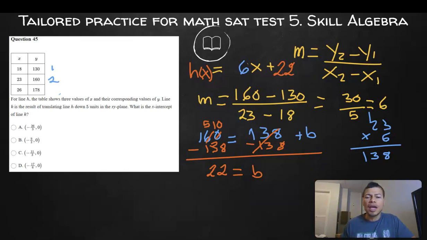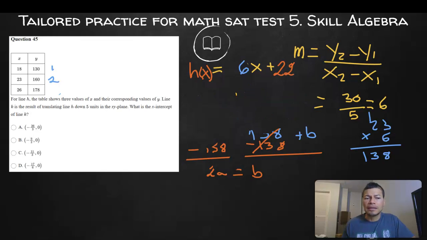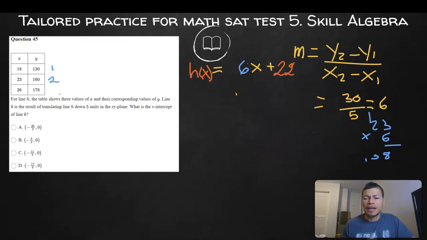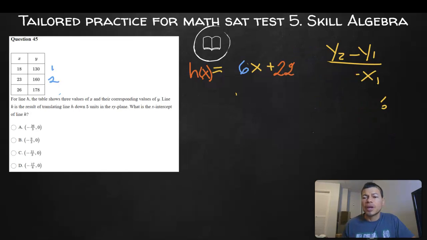So I'm going to go ahead and erase this. And now we are going to find line k. So for line k, what the problem is saying is that we need to translate the function down 5 units. So guys, when we translate the function down, we are translating the function in the y-axis.